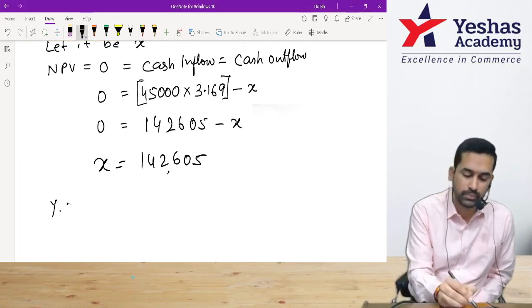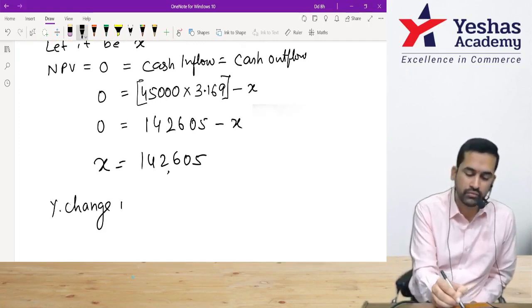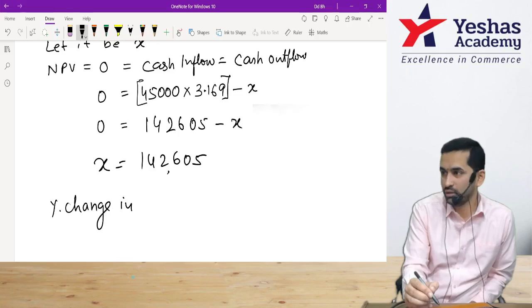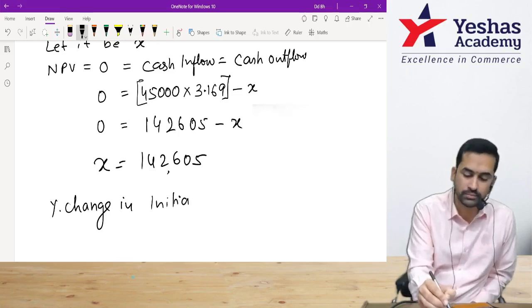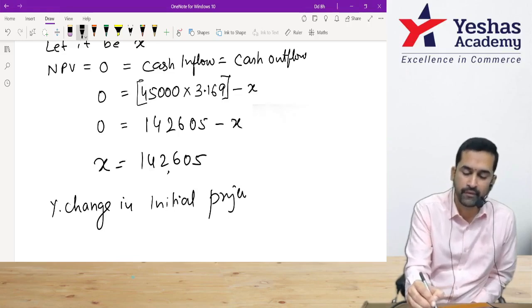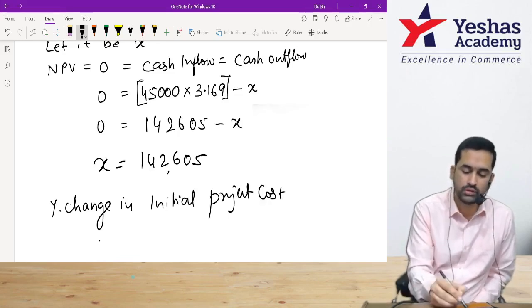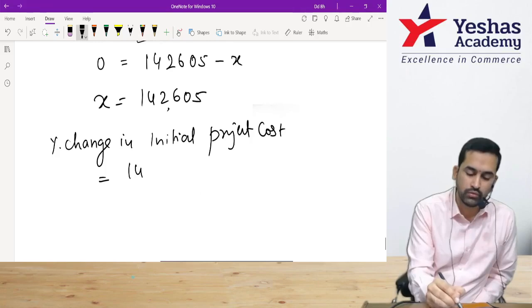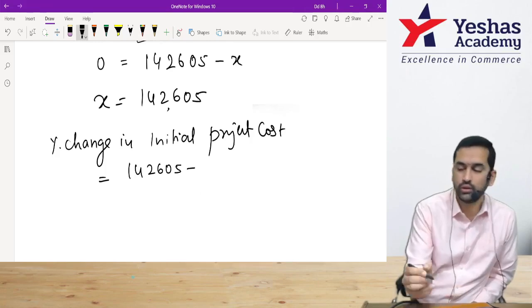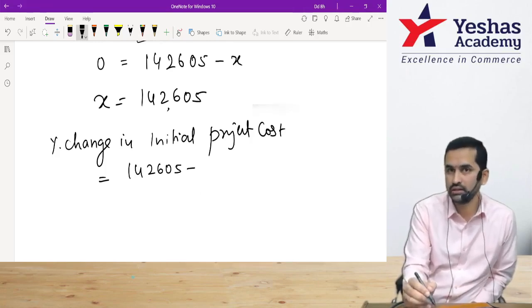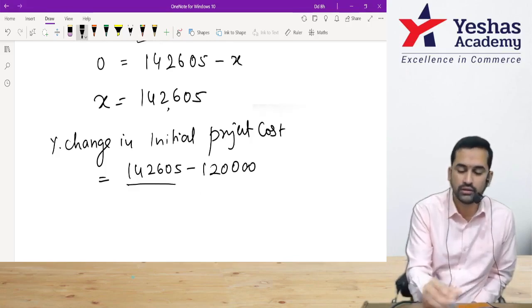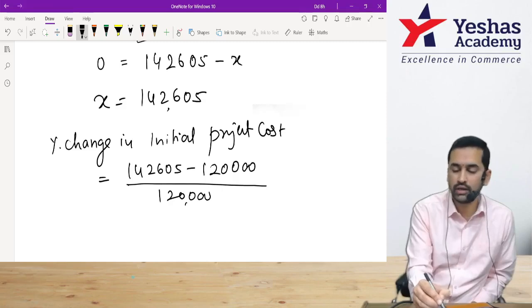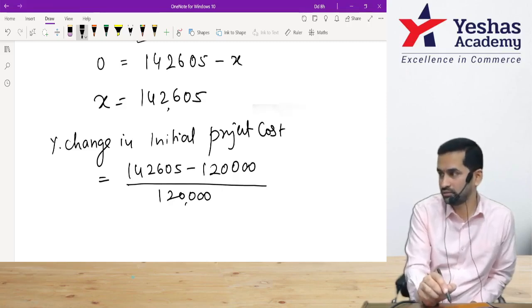How much is X as of now? 1,20,000. So percentage change, not NPV now. This percentage change in initial project cost is equal to, it should be 1,42,605. Then my NPV will be 0. But as of now, it is 1,20,000 divided by 1,20,000.